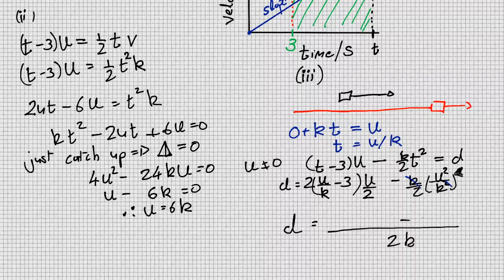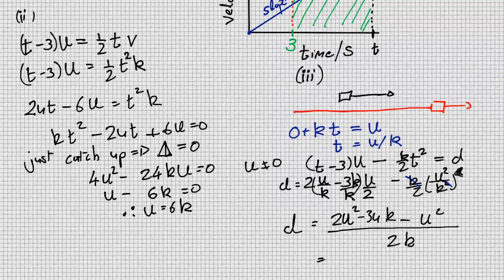That's going to be 2u squared minus 6u, minus u squared. I have to be careful because this one's not over k, so I should put a k there and k there. Now they're all over k, so this is all over 2k as well. So that's 2u squared minus 3uk minus u squared.